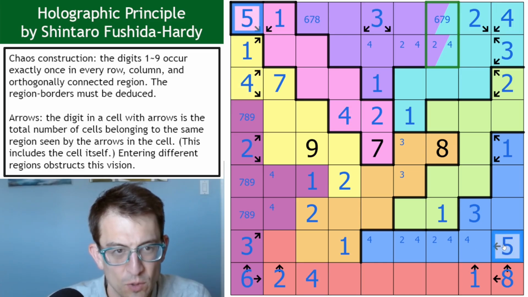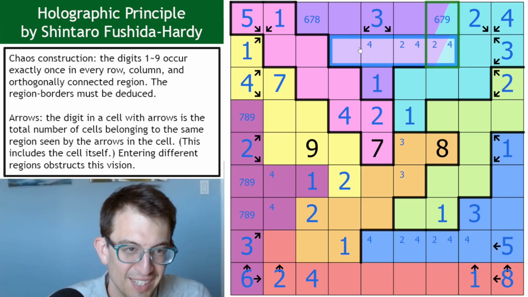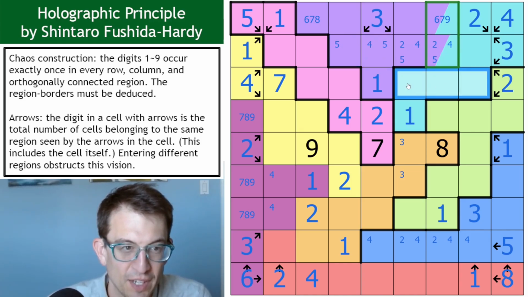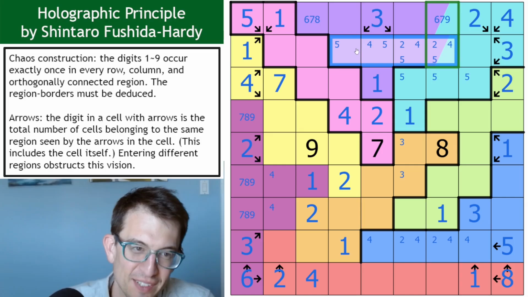Let's try 5. Oh, nothing on 5s. Actually, these purple digits are becoming very, very constrained very quickly. Get a 5 here. Like my 2, 4, and 5 in purple are in these 4 cells.